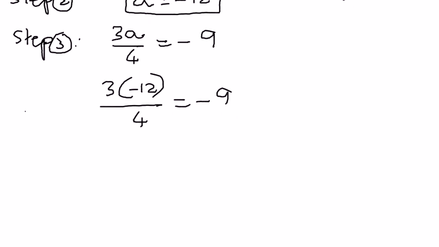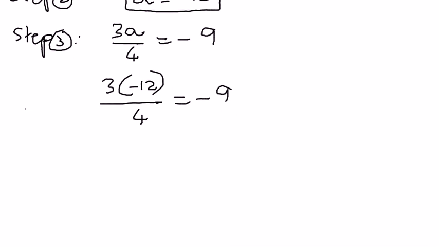We want to see, when we simplify the left hand side, whether we arrive at negative 9 or something else. The denominator is 4, and we have 12 in the numerator. 12 is a multiple of 4: 4 times 1 is 4, 4 times 3 is 12. So 3 times negative 3 is negative 9.